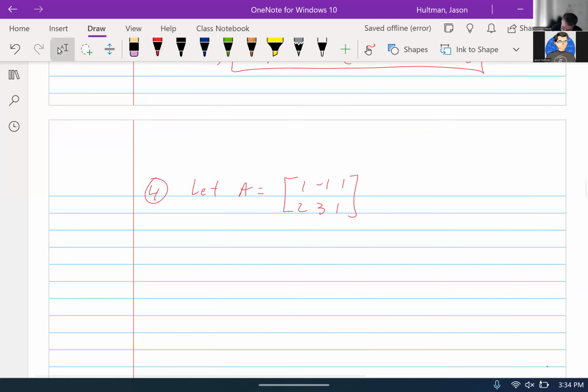We want to find the null space of A. So we're given a matrix, in this case a 2 by 3 matrix, and we want to find what happens when we let A times the variable matrix in R3, because I've got 3 columns, and set that equal to the 0, 0 vector.